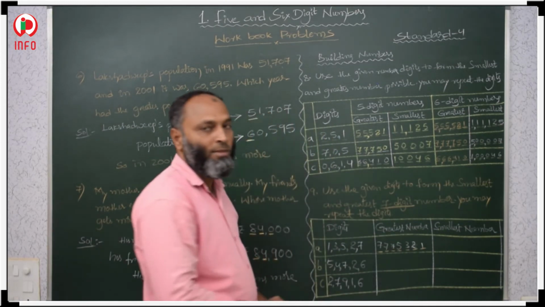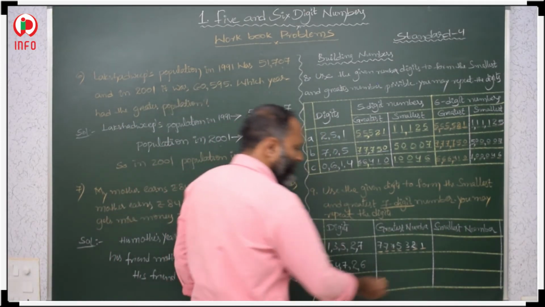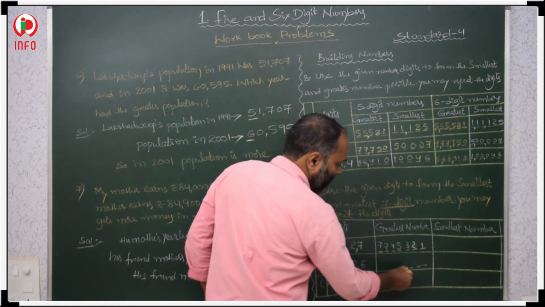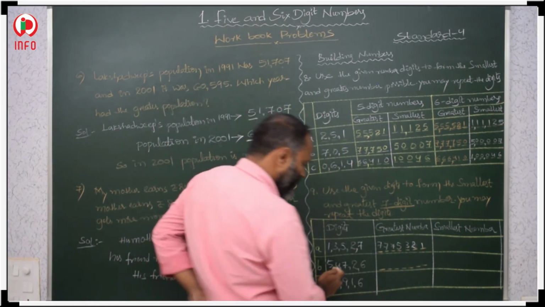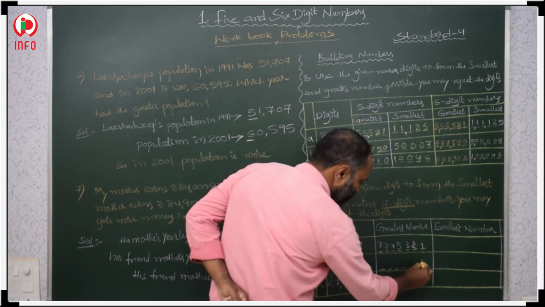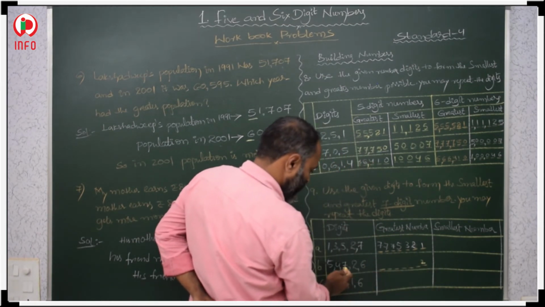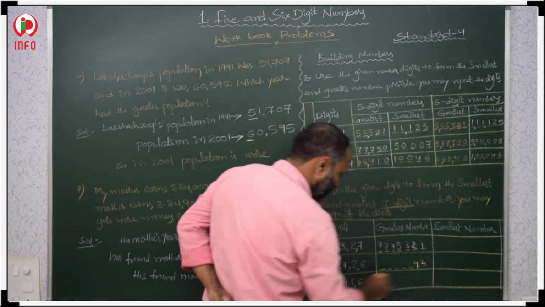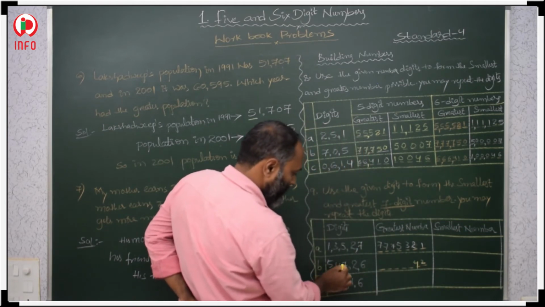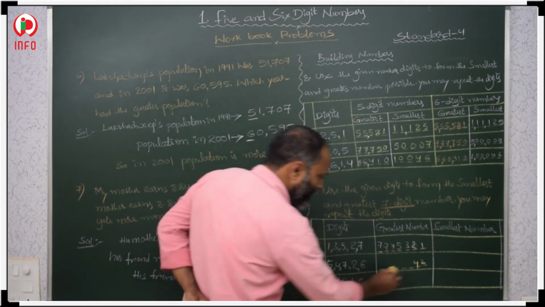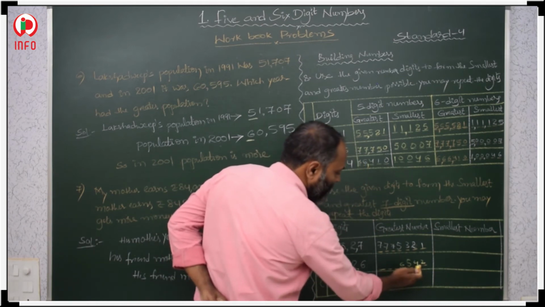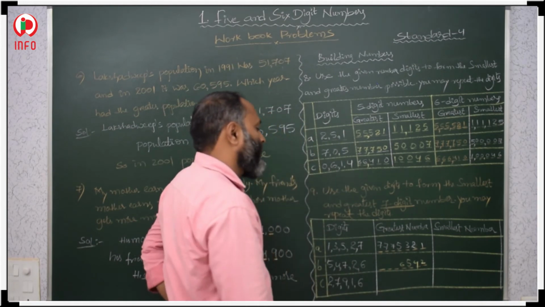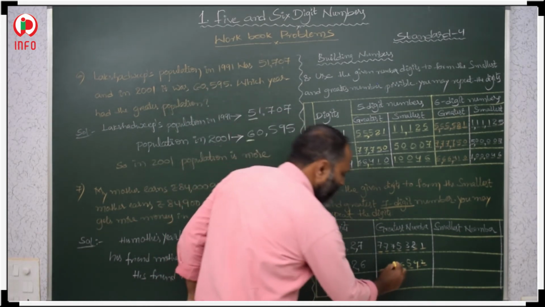This is the smallest 7-digit number: first smallest one, 2, then 4, then 2, 4, 5, then 6, in ascending order. Then 7 is left, 7 3 times we have to take.